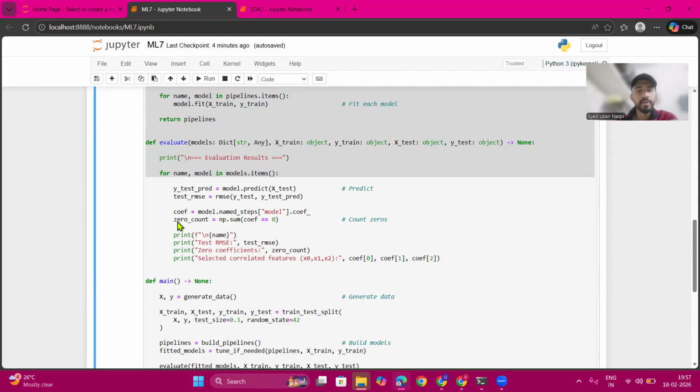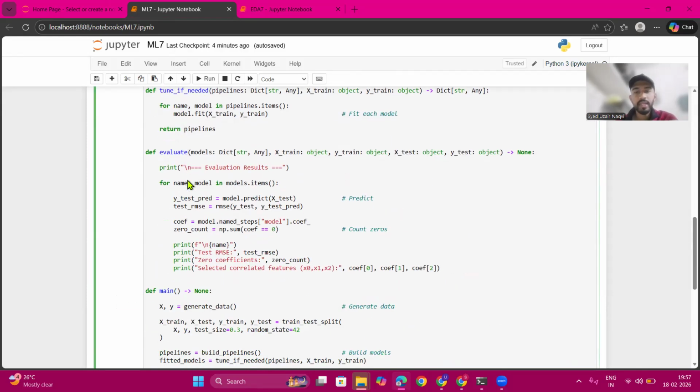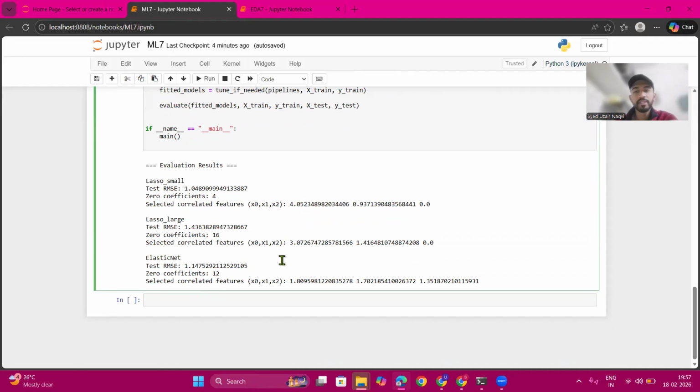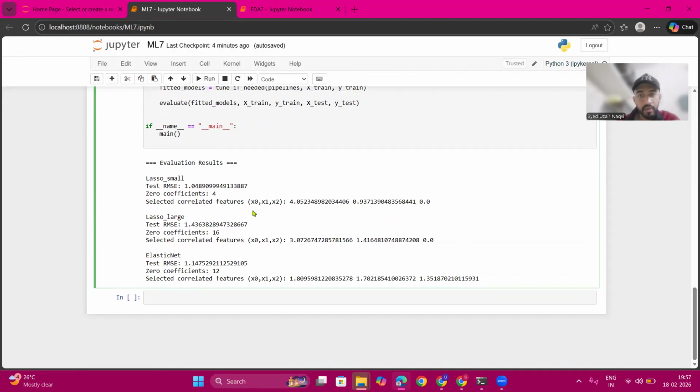For the second milestone, we can observe that among x0, x1, x2, Lasso keeps one and shrinks the others to zero.